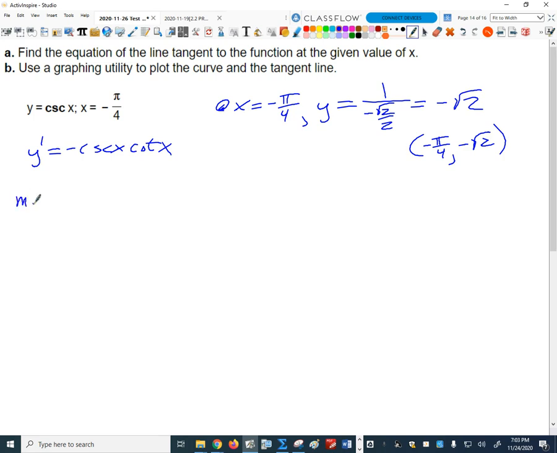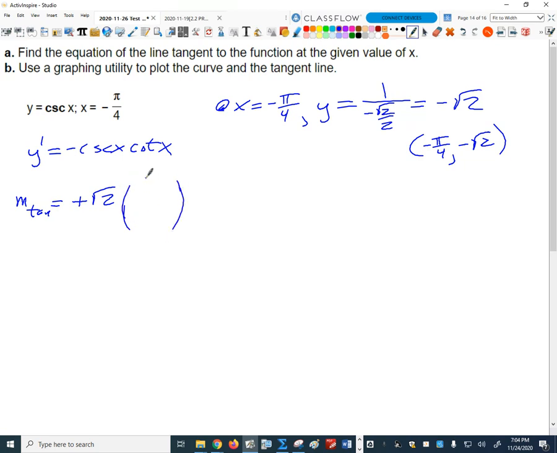And then the slope of the tangent line. We have to evaluate the derivative at negative pi fourths. We already determined that cosecant of negative pi fourths is negative radical 2, so negative cosecant gives us positive radical 2. Then cotangent is cosine over sine.